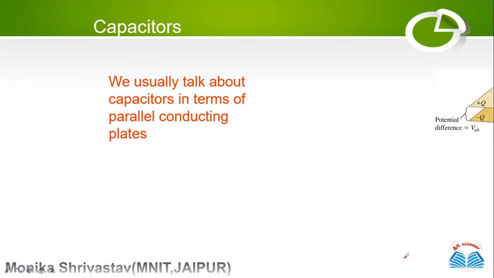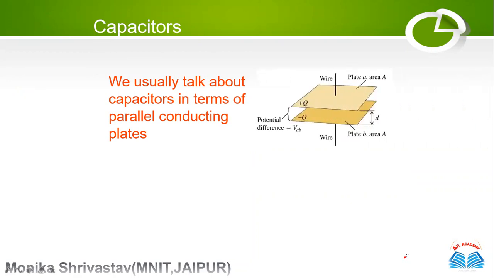There are two types of configuration of a capacitor. In a general capacitor, we see this type of configuration. Two plates are separated by a small distance d, one plate having positive charge and the other negative charge. There is a potential difference between these two plates, and they are connected with wires. These two plates can possess different areas or the same areas.